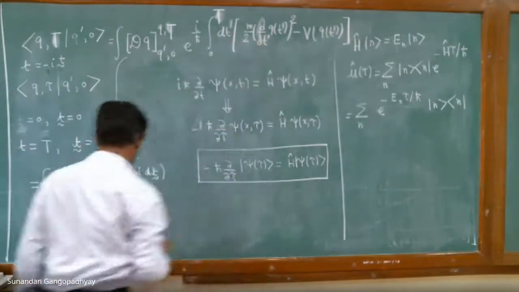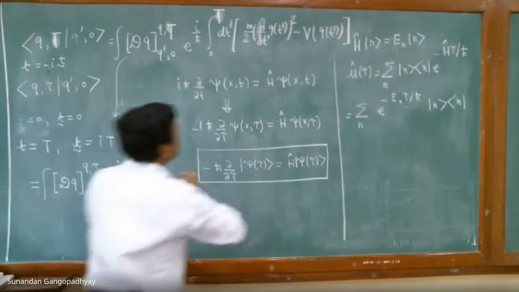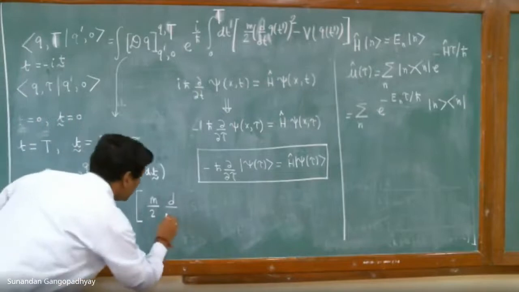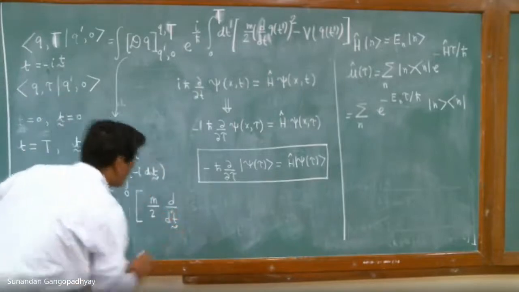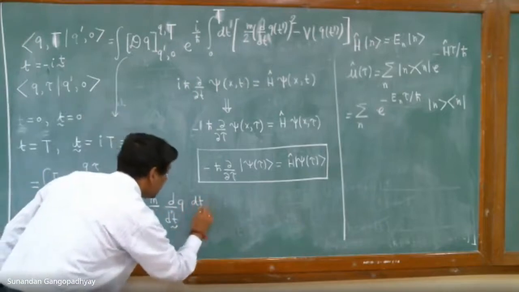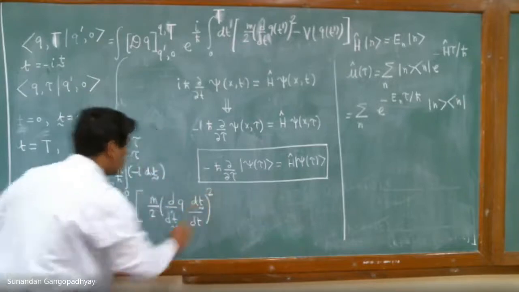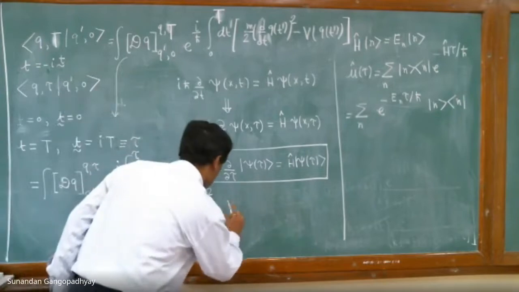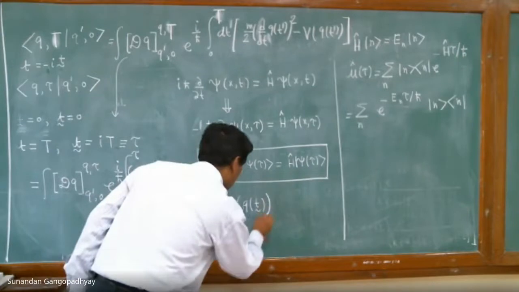Now I can just apply the chain rule. I can say that dq dt is basically dq d tilde t times d tilde t dt, whole square, minus V of q d tilde t.